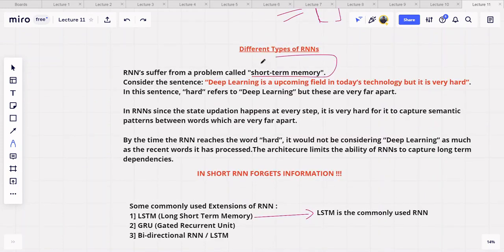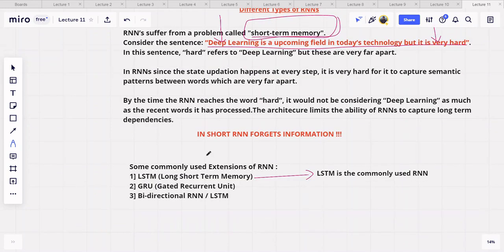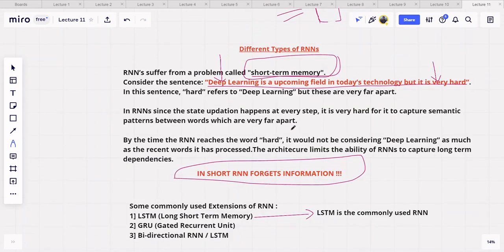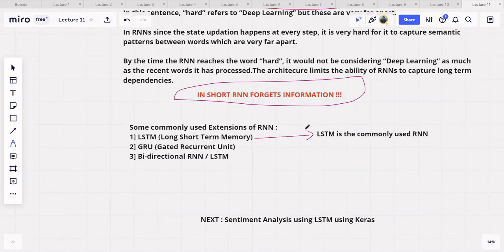If you have this sentence, that deep learning is an upcoming field in today's technology, but it is very hard, it becomes very difficult for the model to find the relationship between the first word and, let's say, the second last word. So the model basically kind of forgets. In short, RNN forgets information, so it's still not pretty good at handling long-term dependencies.